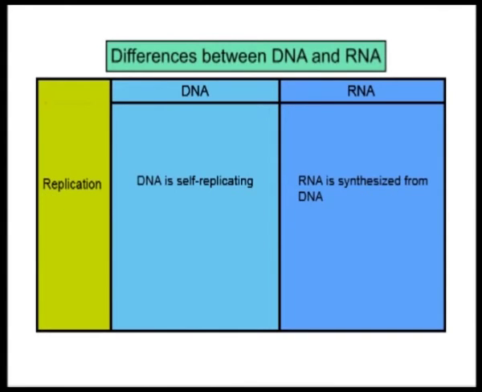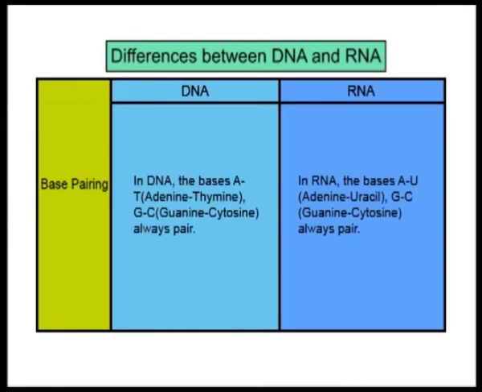DNA is self-replicating, whereas RNA is synthesized from DNA. In DNA, the base adenine pairs with thymine, whereas guanine pairs with cytosine. In RNA, adenine pairs with uracil and guanine pairs with cytosine.